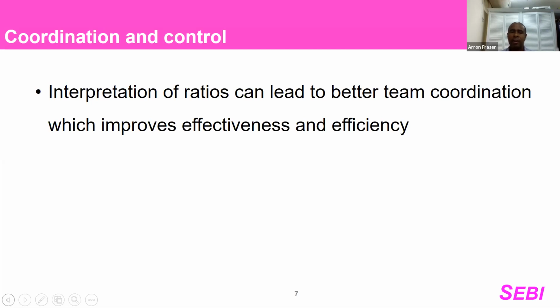Or looking at it another way, for every dollar you spend, this is the output that you're getting in terms of revenue. So that is in terms of coordination and control.